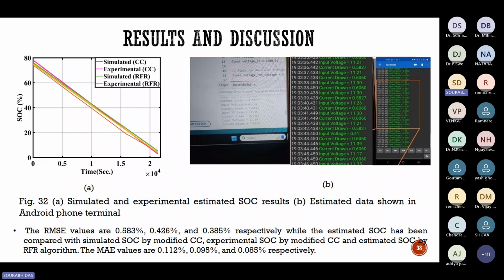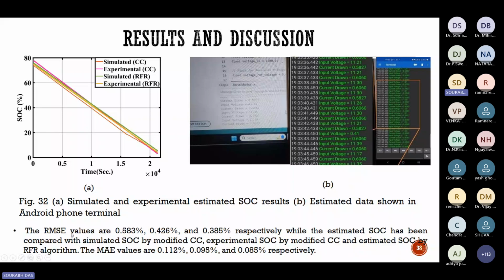And we can see that it transmits the data to the Android phone accurately. There is no problem.